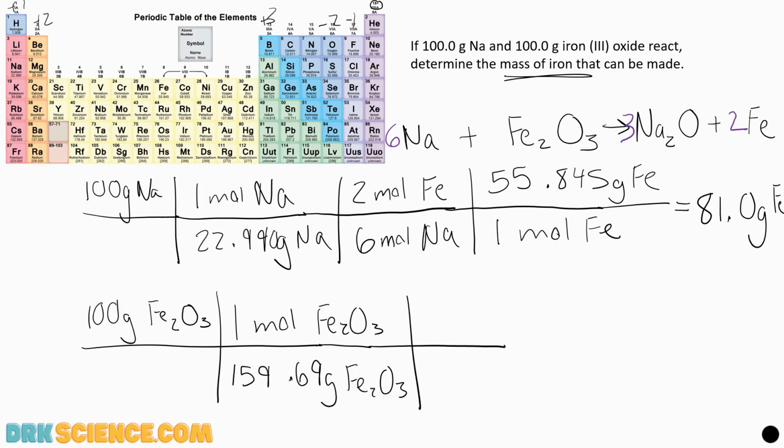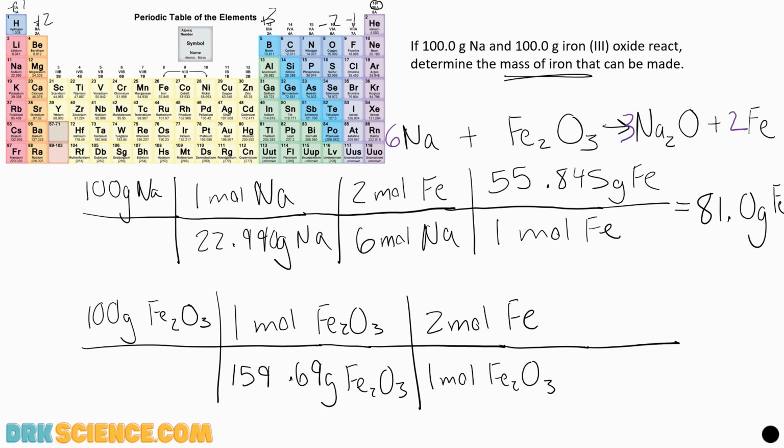And then we use our mole ratio again. Every 1 mole of iron oxide, we can get 2 moles of iron. Because there's no coefficient on that iron oxide, it's an implied 1. So we get 1 mole and 2 moles iron. So we're looking at those coefficients.